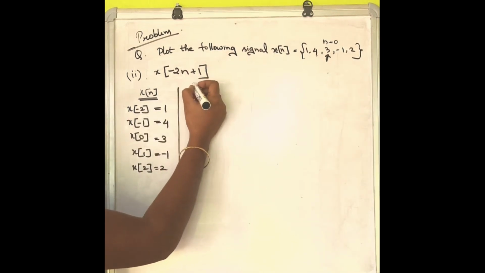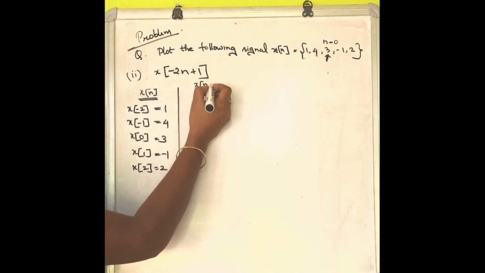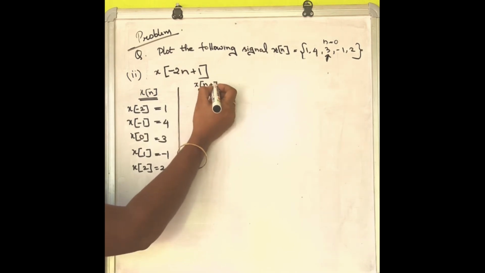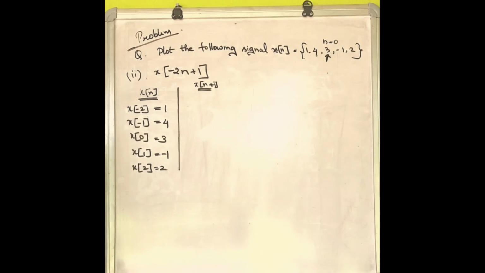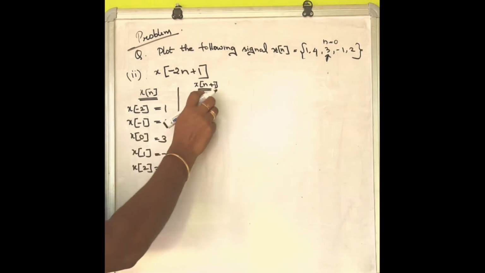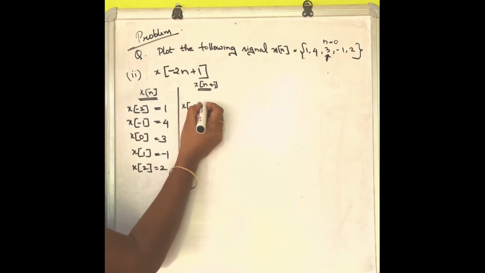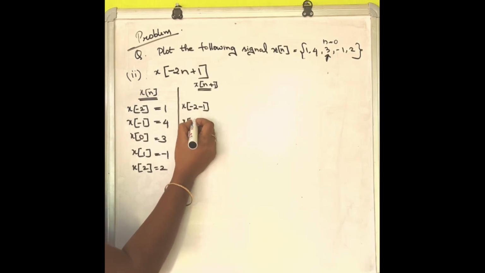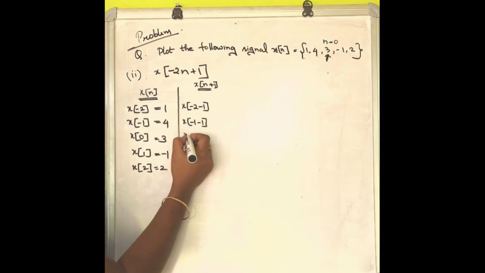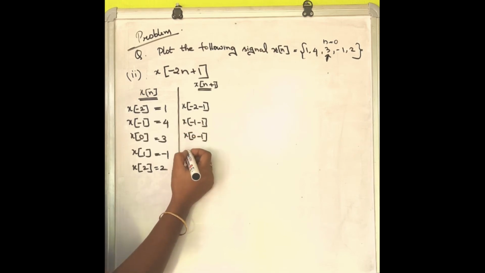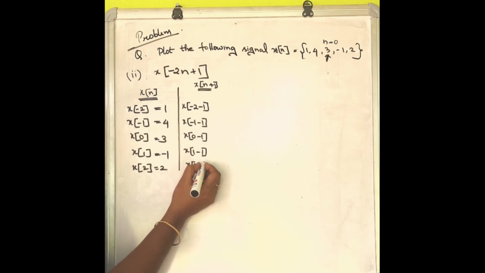Now first we have to do x of n plus 1. So now we know there is an advance shift by 1. So when you have to do 1, the new value of x becomes minus 2 minus 1. This becomes minus 1 minus 1. This becomes 0 minus 1. 1 minus 1. 2 minus 1.